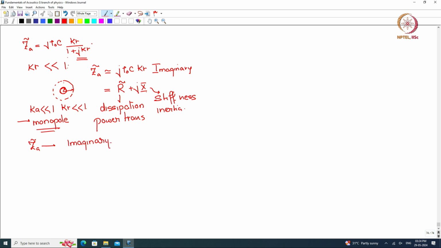There is a small real component, maybe we are approximating, but it is dominantly imaginary. So power transfer or power radiation is difficult. Radiation is difficult. In other words, the source is a poor radiator.